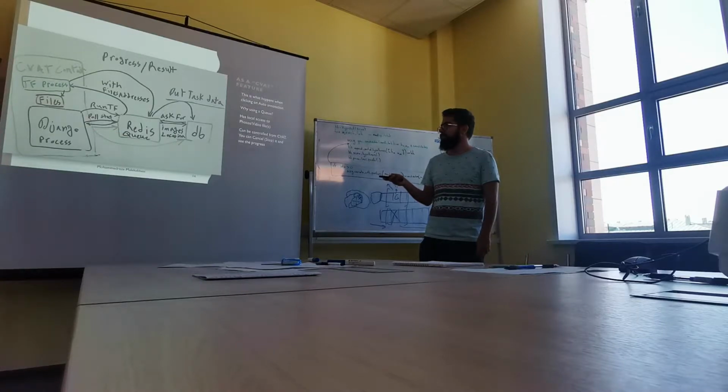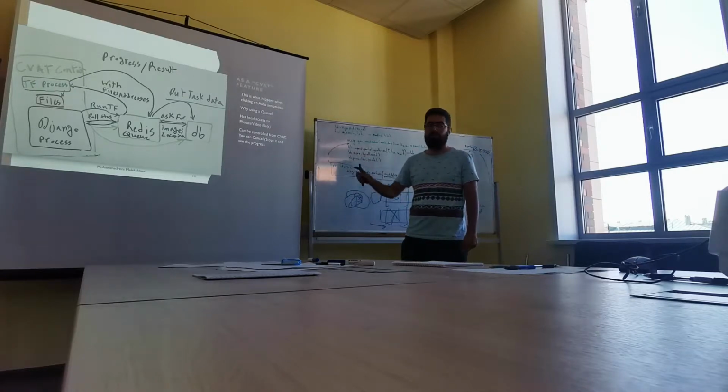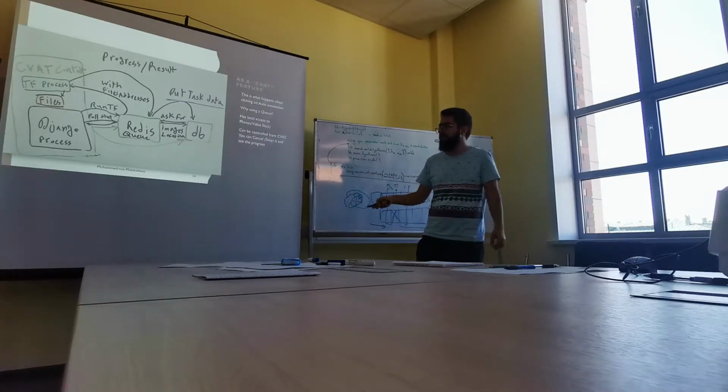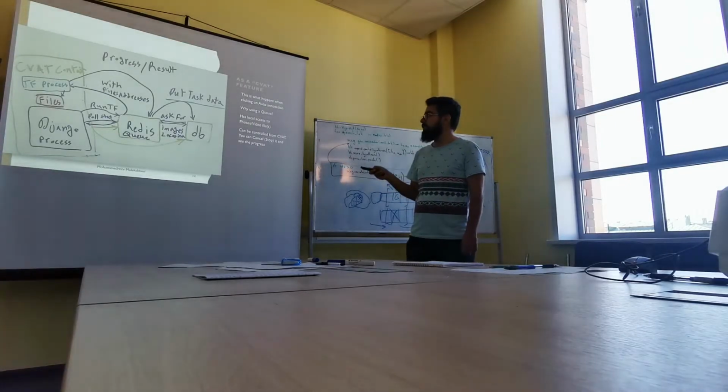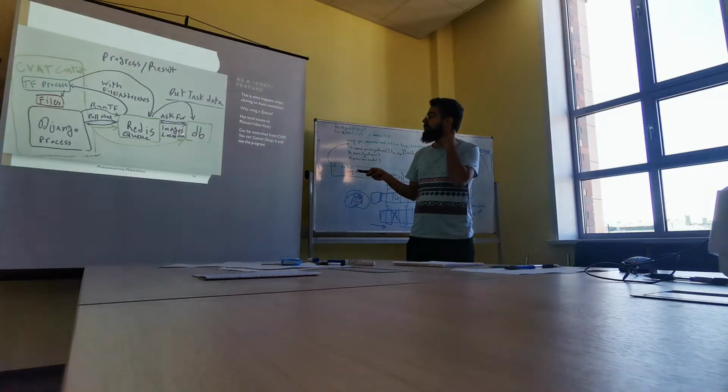It forks a new process. The other reason is that you may have multiple CVAT projects, and you want to annotate all of them. You can click all of them, and they go to a queue. Next, this process asks the DB for the location of the frames or images, and it tells it back.